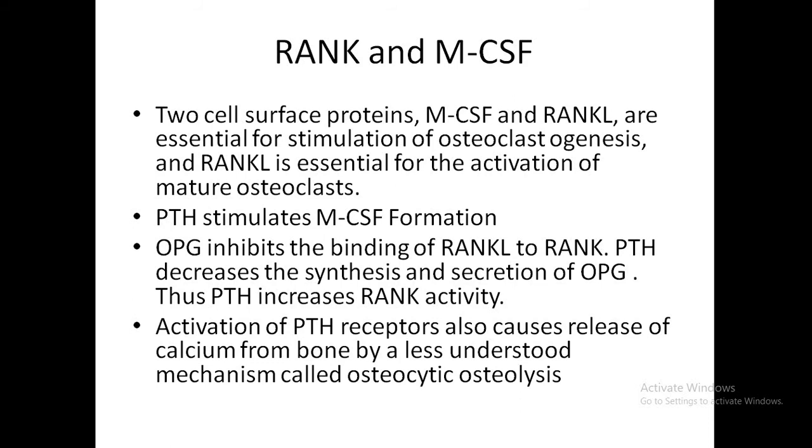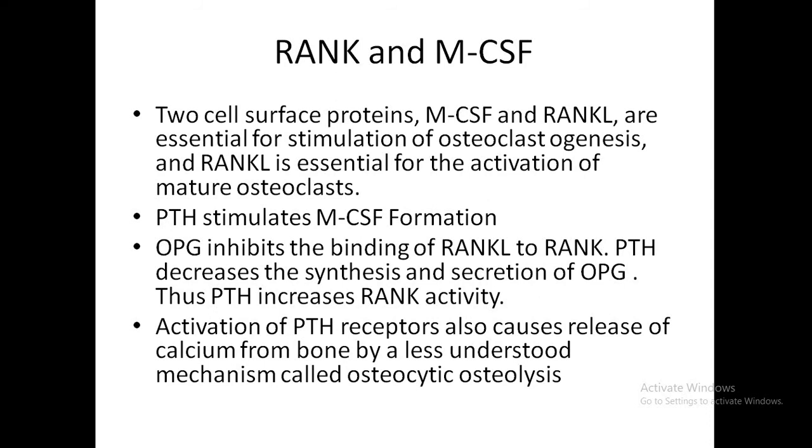PTH will stimulate the M-CSF formation, and osteoprotegerin inhibits the binding of RANKL to RANK. PTH decreases the synthesis and secretion of OPG, and thus PTH indirectly increases the RANK activity. So increasing the RANK activity and increasing the M-CSF will stimulate osteoclast formation.